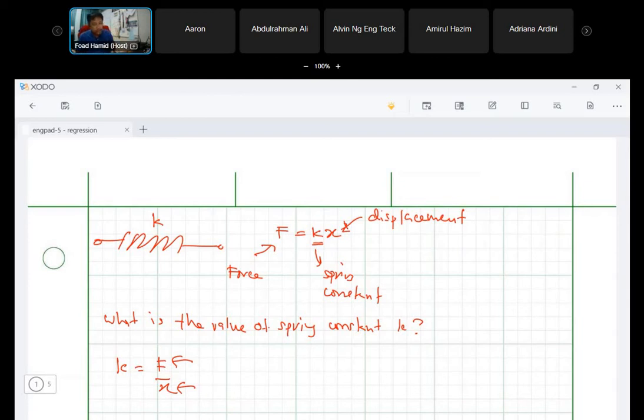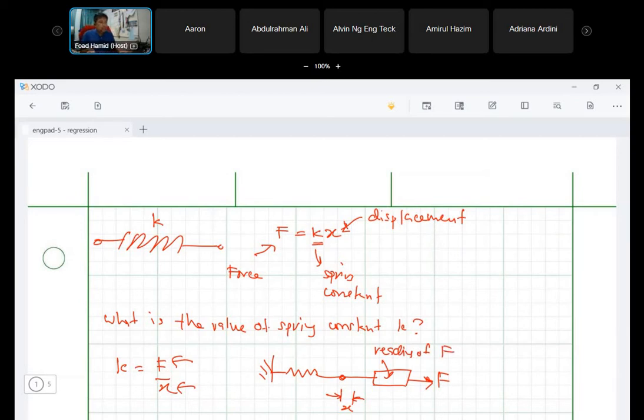So basically what you do is maybe you fix one end of the spring to the wall, and you pull using some equipment that will measure the force, and at the same time, it will also measure the displacement, let's say X. This is the reading of F.